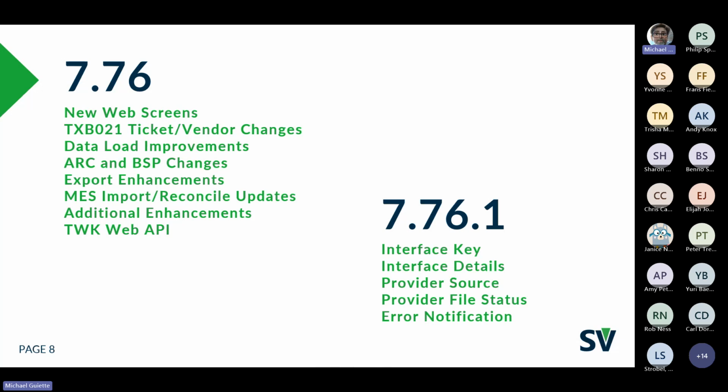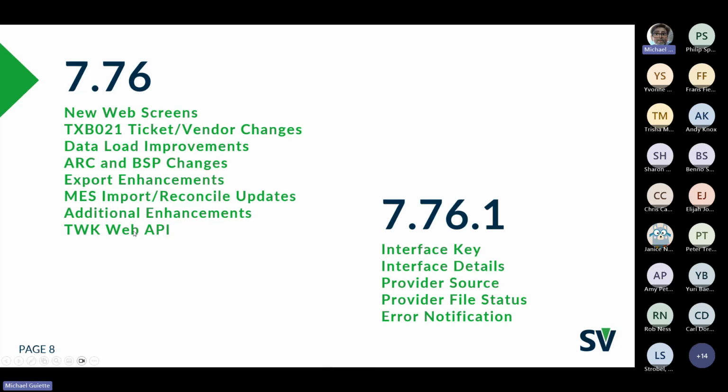We've made some data load improvements with the way that the process works with regards to working within the data carrier. We'll get into some details there. ARC and BSP changes, we'll talk about those. Exports, this is credit card export enhancements. We've got MES import reconciliation updates. We've got some additional enhancements. And the big one for 7.6 was the TWK Web API.